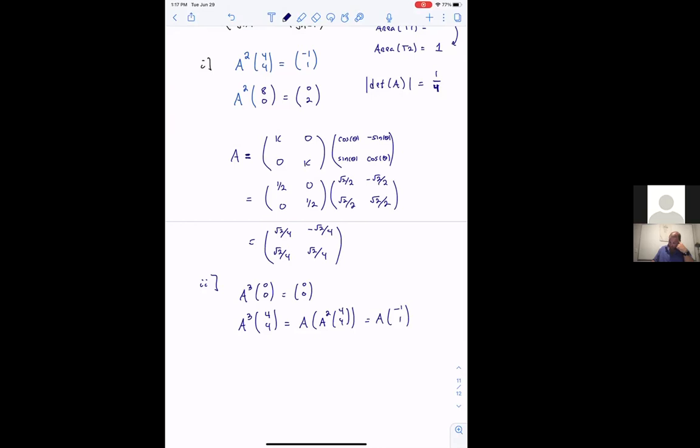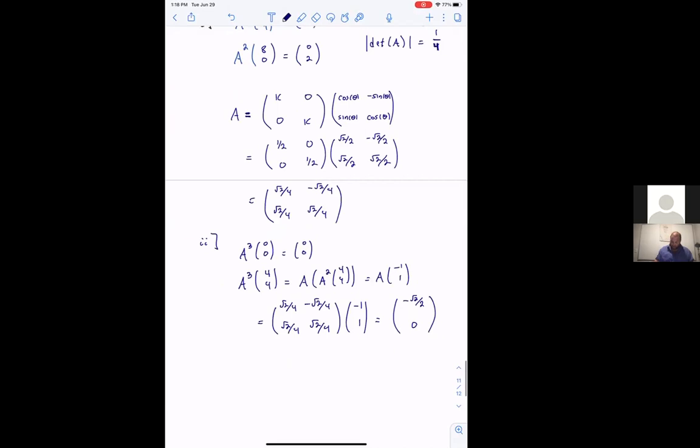Because we've already established above that A squared acting on 4, 4 is the same thing as negative 1, 1. So we get root 2 over 4, negative root 2 over 4, root 2 over 4, root 2 over 4 acting on negative 1, 1. And that gives me negative root 2 over 2, 0.